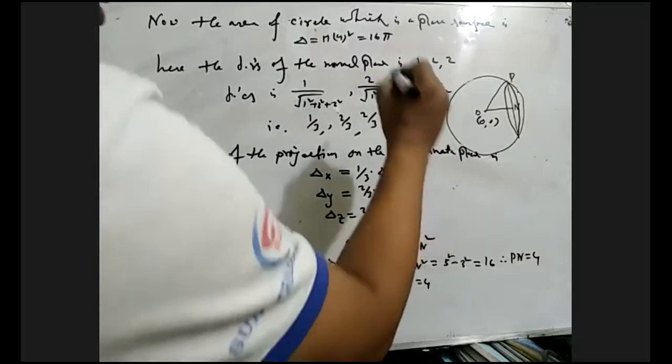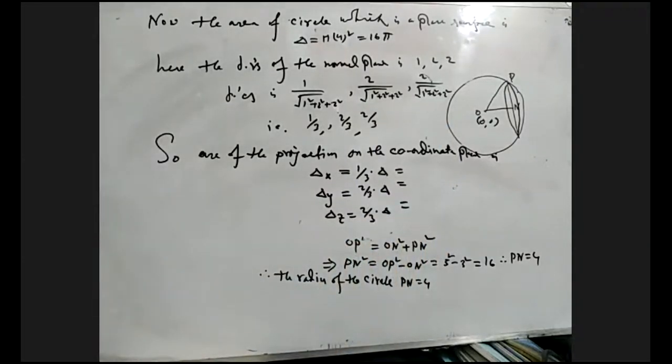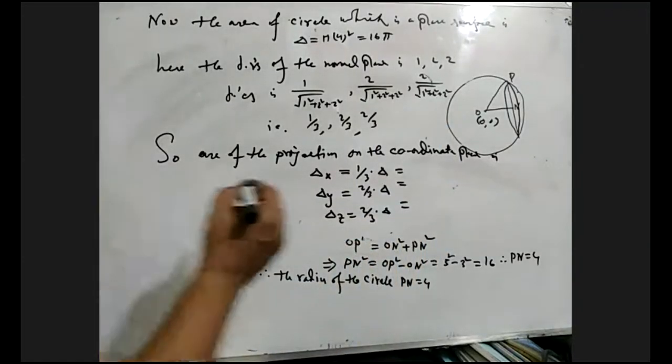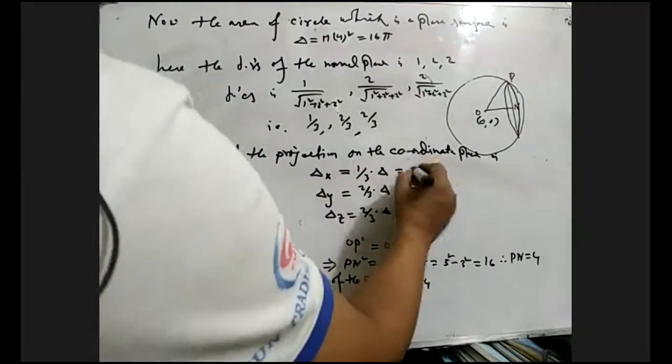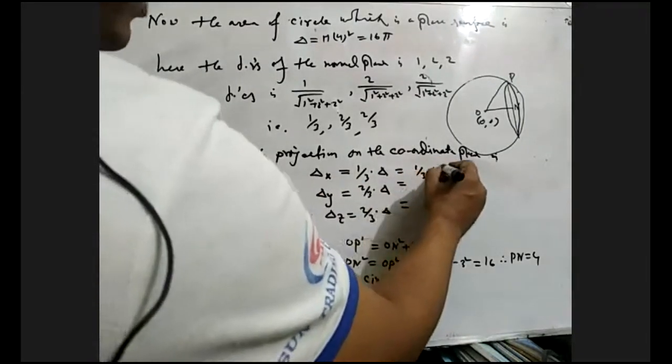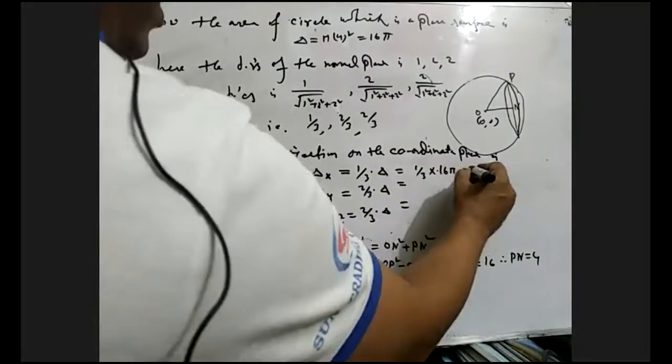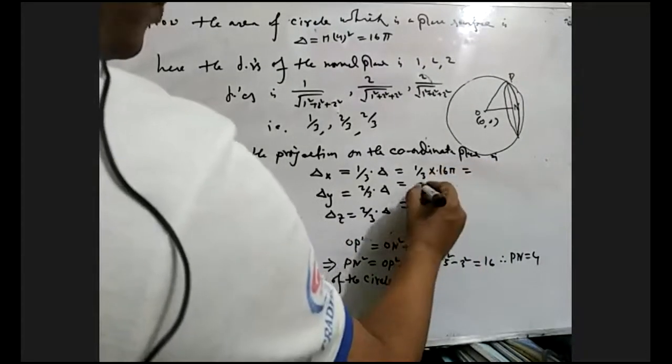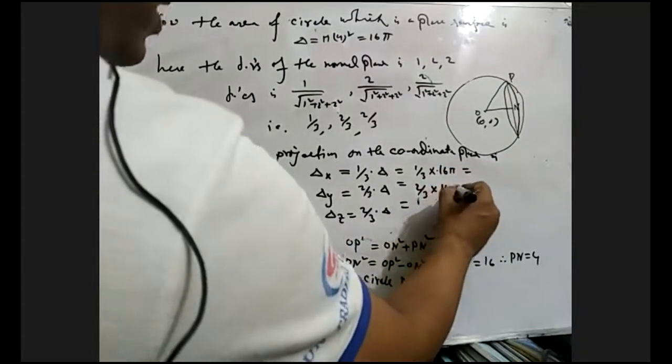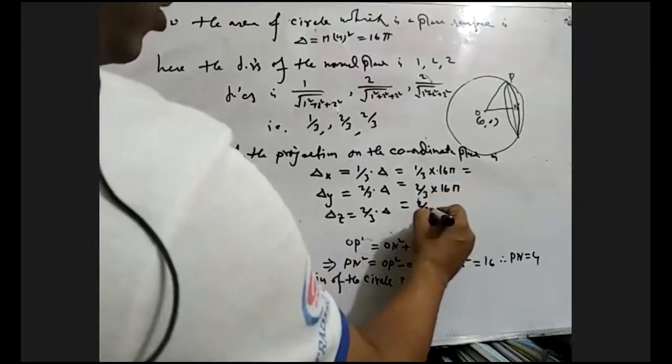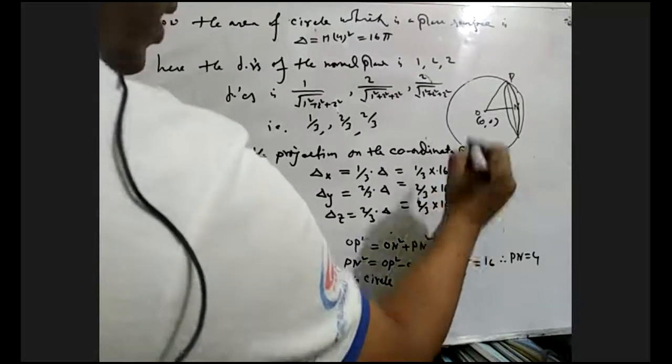So we get these three values: 1 by 3 into 16 pi, 2 by 3 into 16 pi, and 2 by 3 into 16 pi.